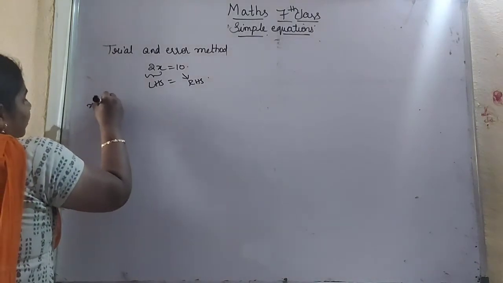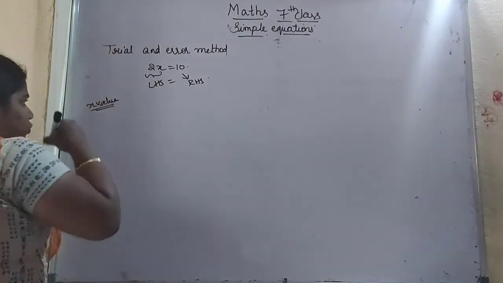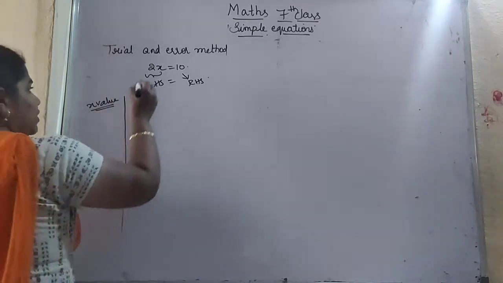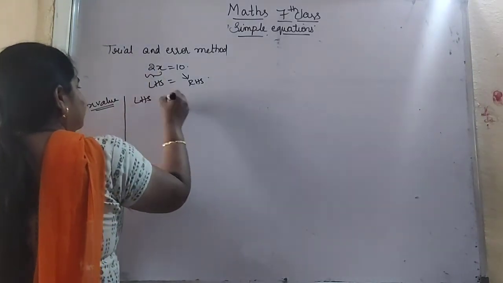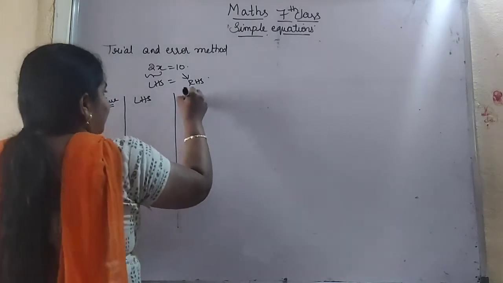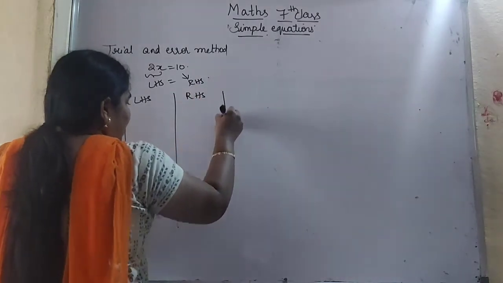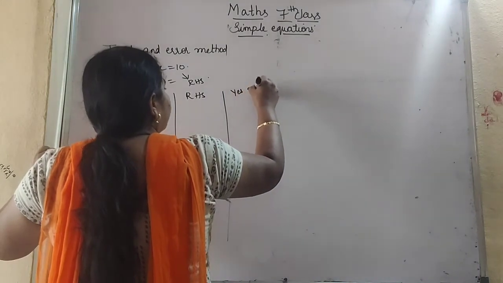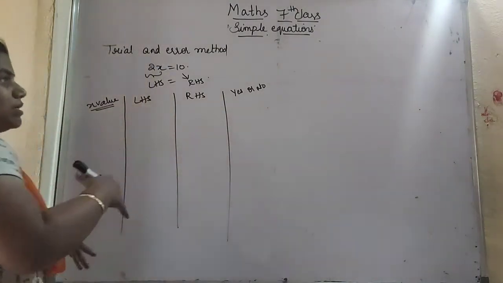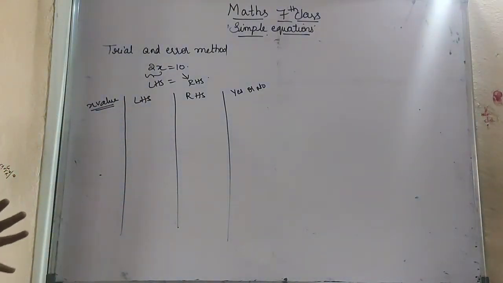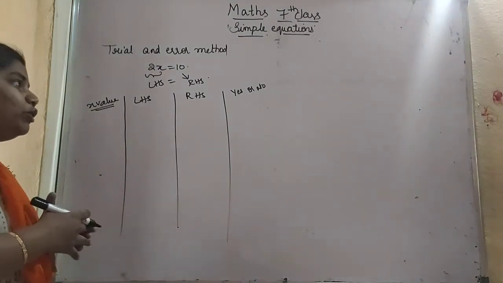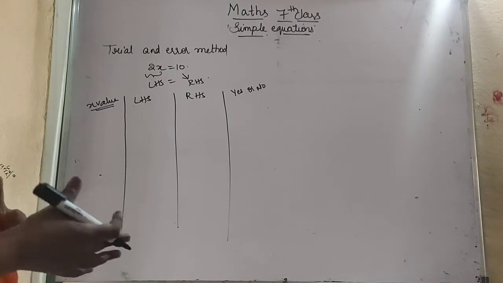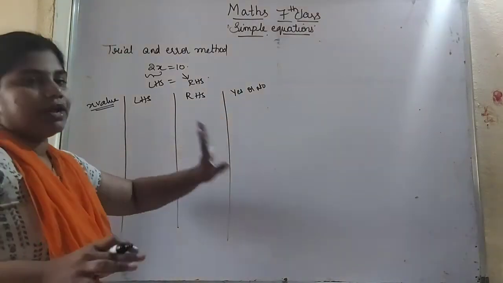So first we write x value, substitute x value. Next is the LHS part, next is the RHS part, and the last one is whether it has been satisfied or not. After replacing the x value, we have to write here whether the LHS part and RHS part give the same answer or not.